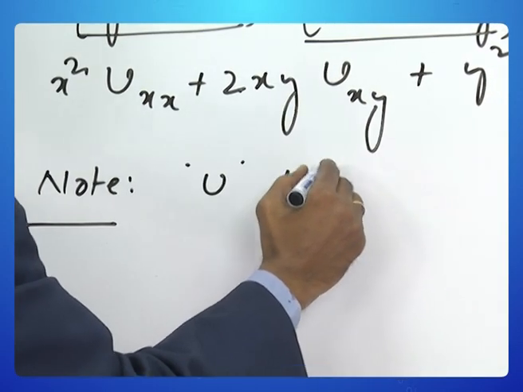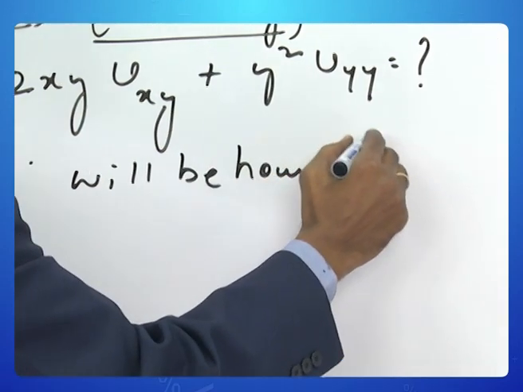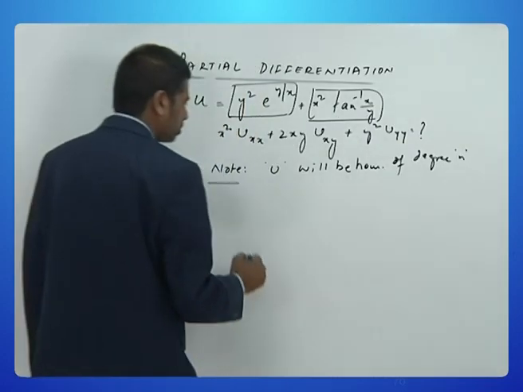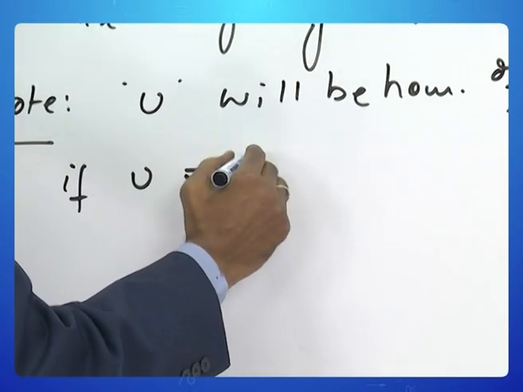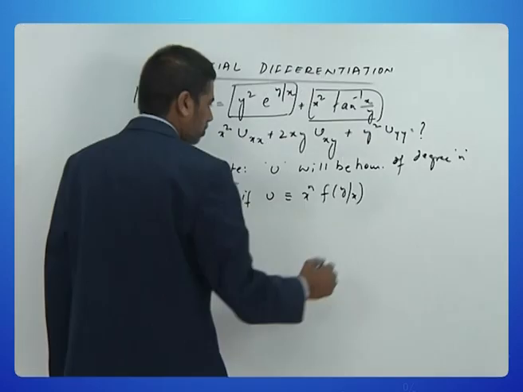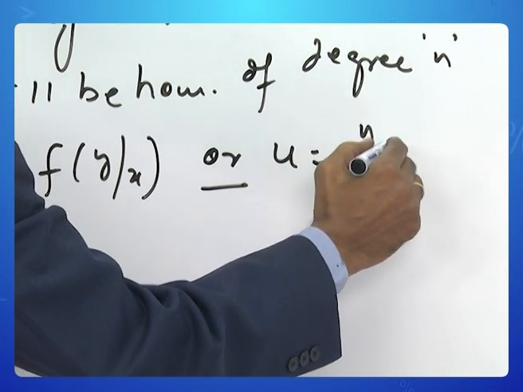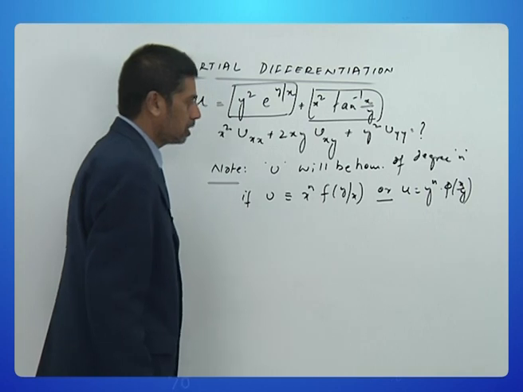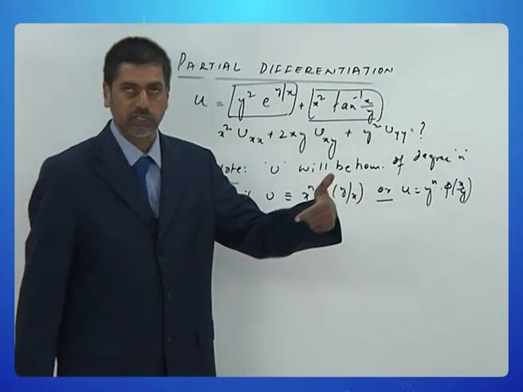U will be homogeneous of degree n if U is identically equal to x to the power of n into a function of y by x, or U is equal to y to the power of n into a function of x by y. Now these are compact representations of homogeneous functions.